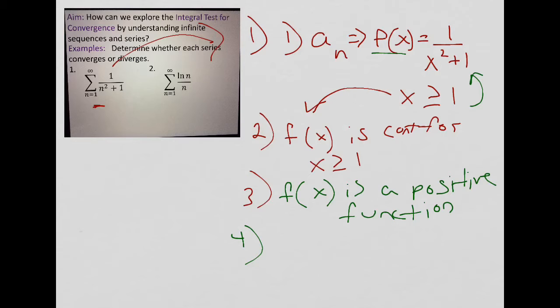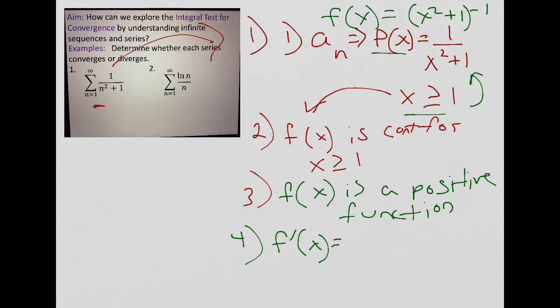But you can do something else. You can take the first derivative, okay, and test to see if it is indeed decreasing for values of x that are greater than or equal to 1. So there we go, back to that again. So if we were to rewrite f of x, I would do so as x squared plus 1 to the negative first power.